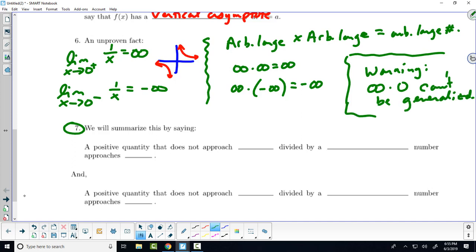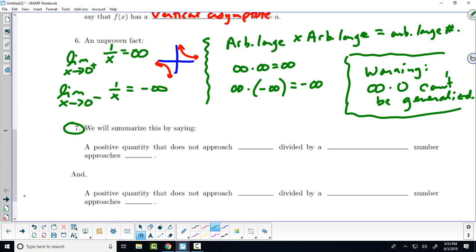Why? We will see that in some instances, if you take an arbitrarily large number times something that is approaching 0, you'll get 0. And in other instances, when you take an arbitrarily large number times 0, you'll get something that's arbitrarily large.